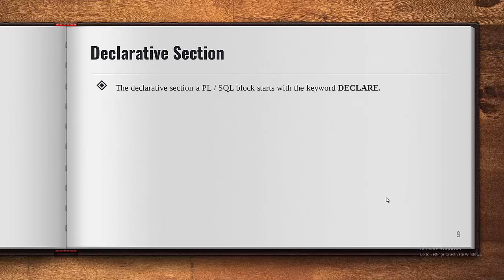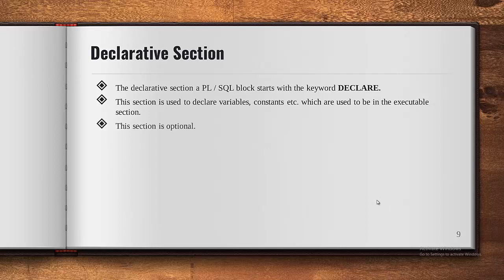Now what is the declarative section? In the declarative section, a PLSQL block starts with the keyword declare. Remember this very carefully. If you want to declare a variable in PLSQL, you have to use the keyword declare. We can declare variables, constants, and anything else we are going to use in our executable section.